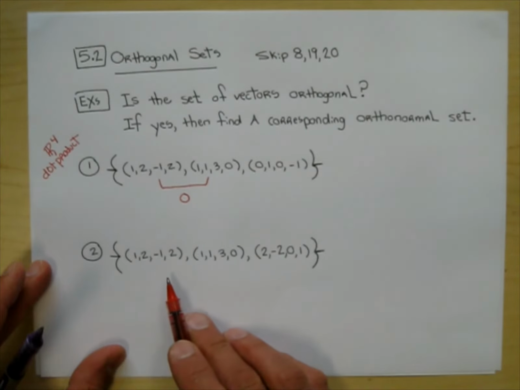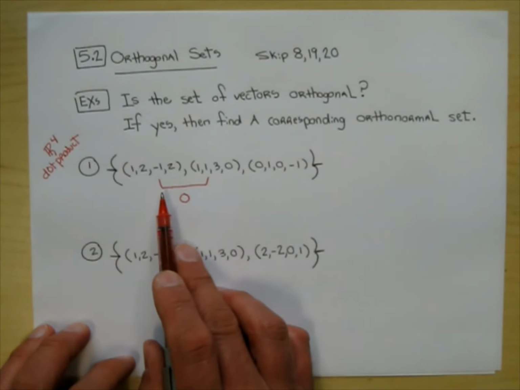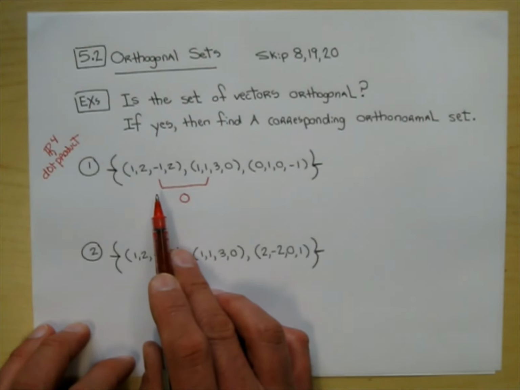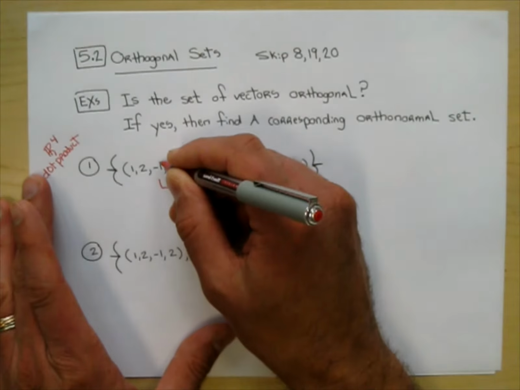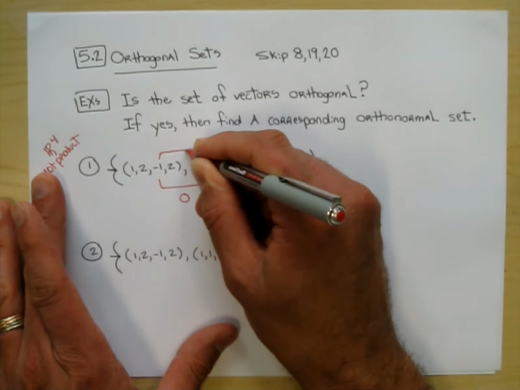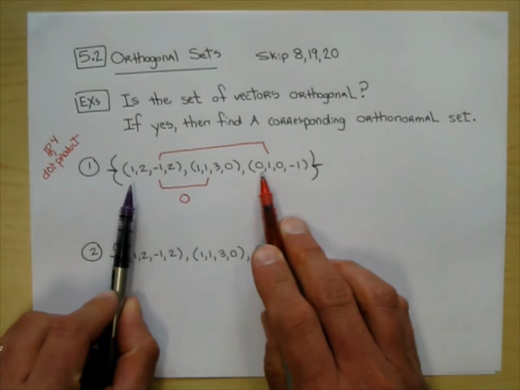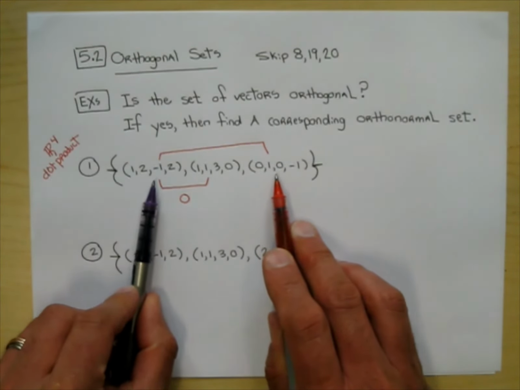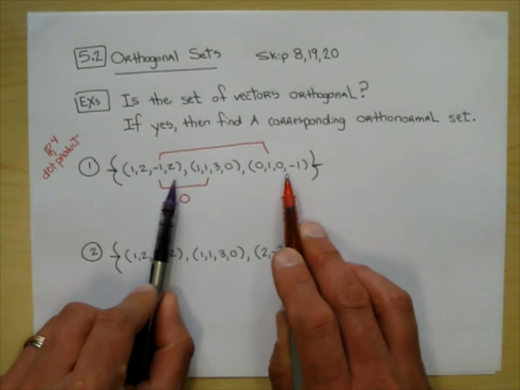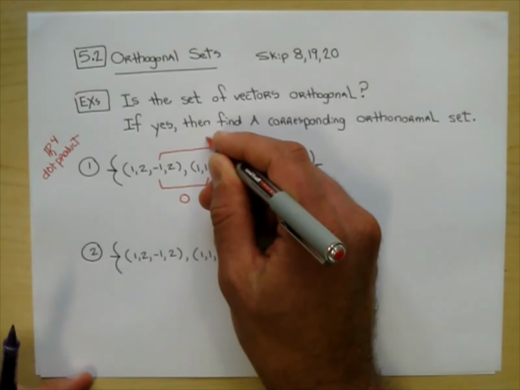So it's looking good. The deal is for this set to be an orthogonal set, all the pairwise dot products have to be 0. Let's try out the first one and the last one. Okay, here it goes. 0 plus 2 plus 0 minus 2. So this one's 0 as well.